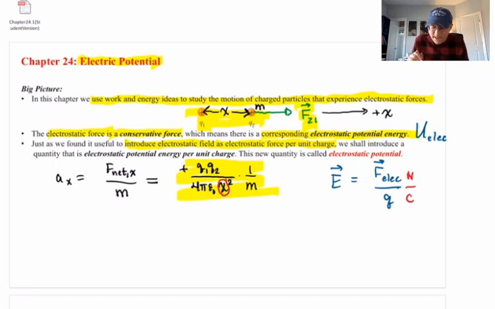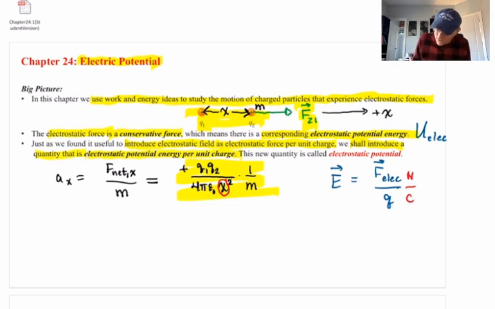All right, we introduced that in chapter 22. Electrostatic field, often called just electric field, is electrostatic force per unit charge. And that's a useful idea. So we're going to use that idea here as well. In this chapter, we're going to introduce a quantity that is electrostatic potential energy per unit charge.